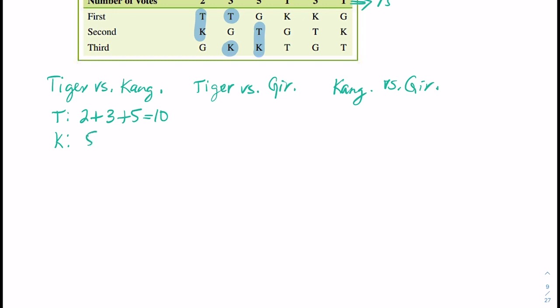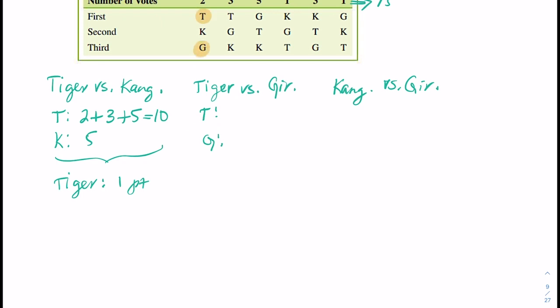But overall here, who won? It would be the tiger, right? So that means that the tiger is awarded 1 point. For the tiger and the giraffe now, I'm going to do the same thing. I'm looking at the columns and trying to find tiger and giraffe.